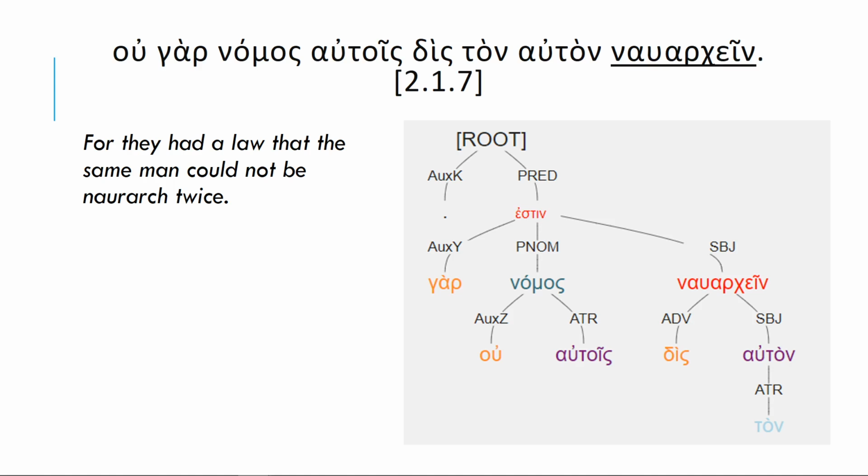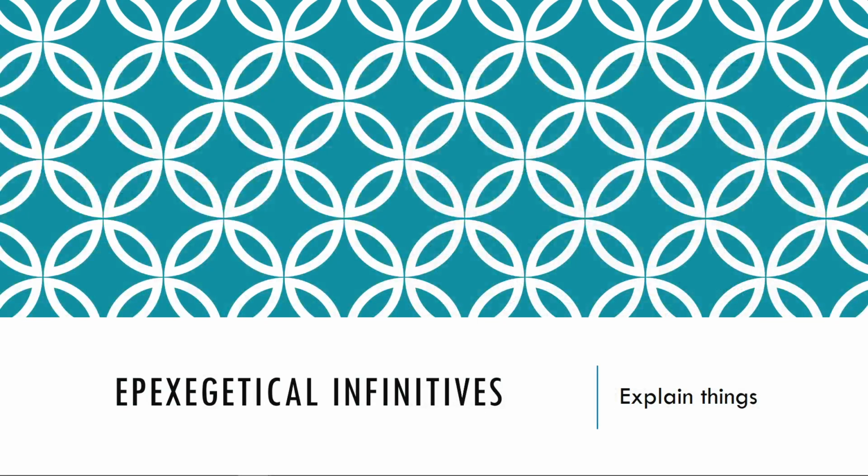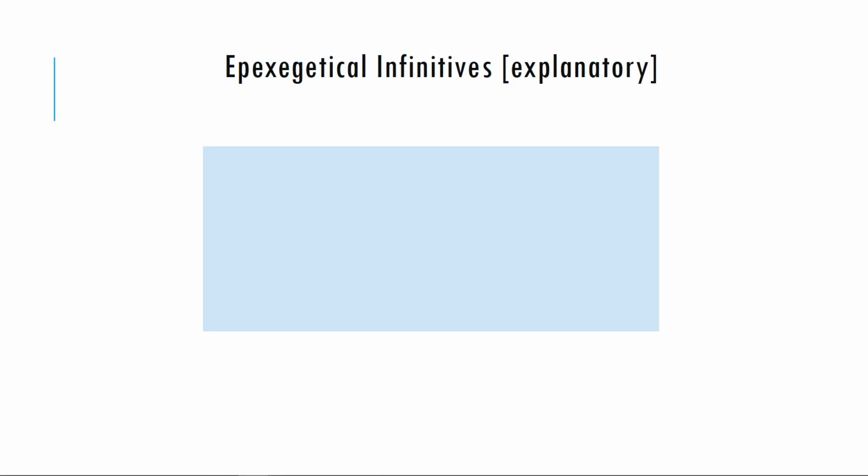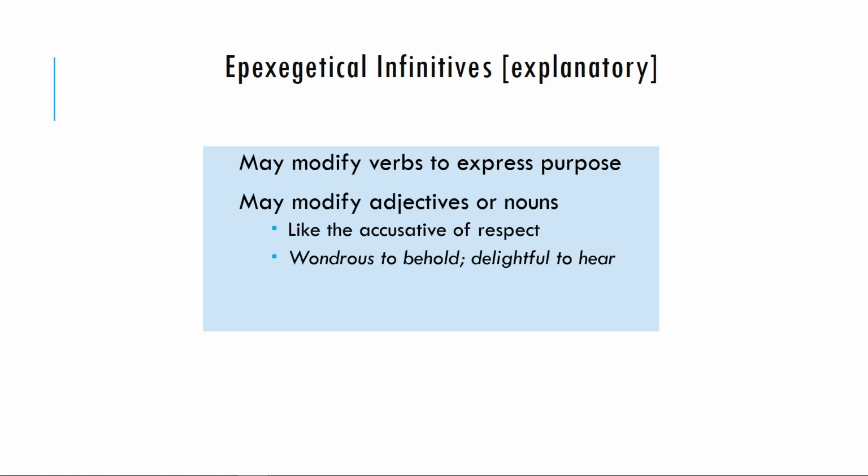Okay, there's also something with the intimidating name of epexegetical infinitives, and that simply means they explain things. It's a nice long word to mean explanatory infinitives. They can modify verbs to express purpose, especially in the future. You can use an infinitive sometimes to modify adjectives or nouns.